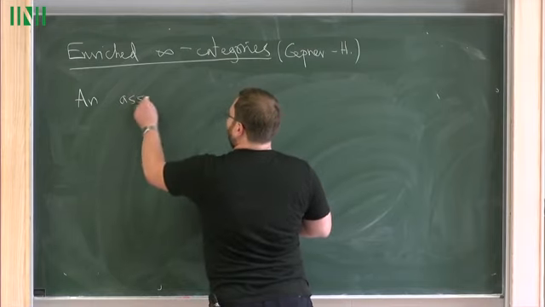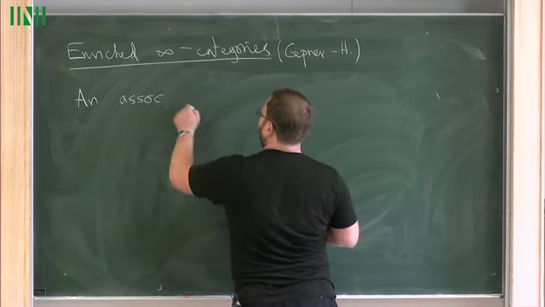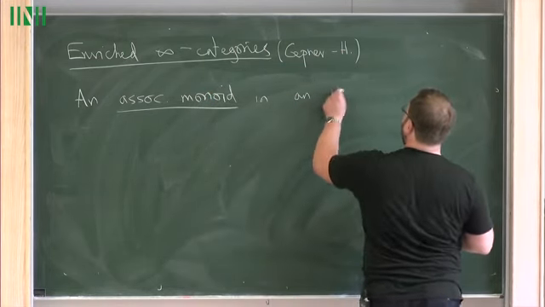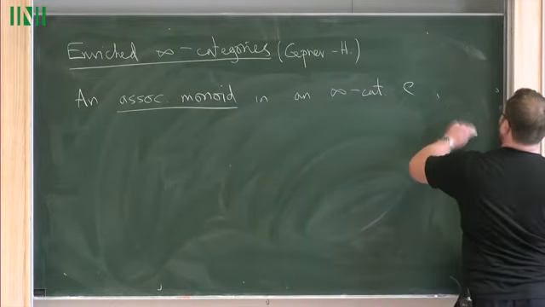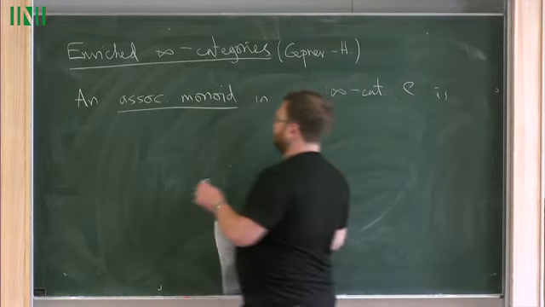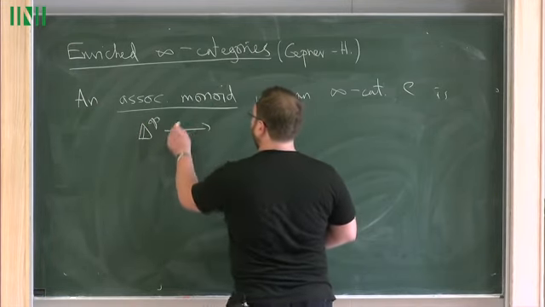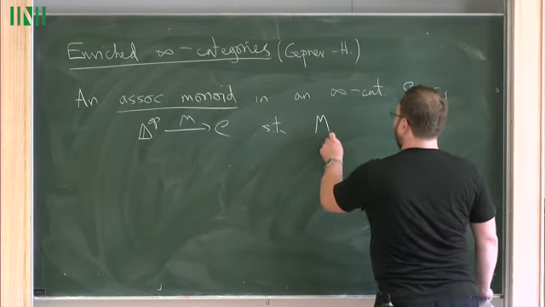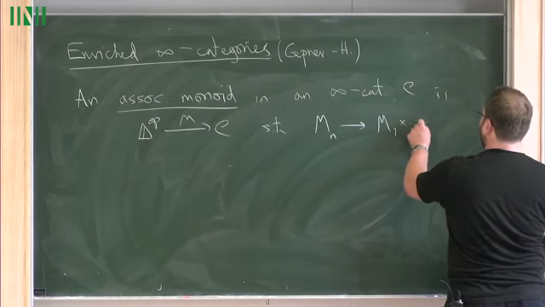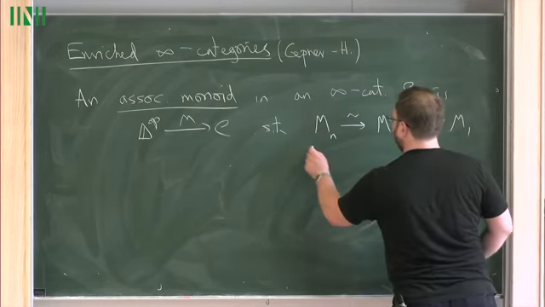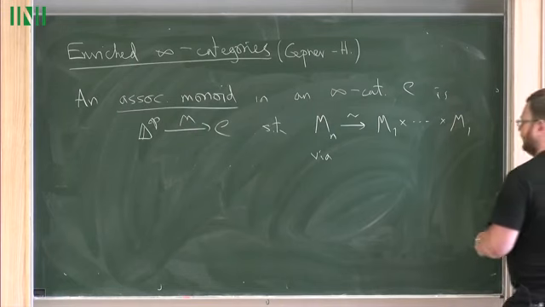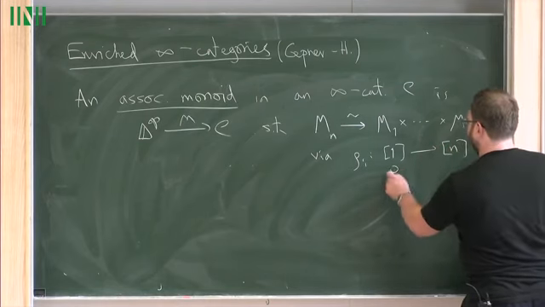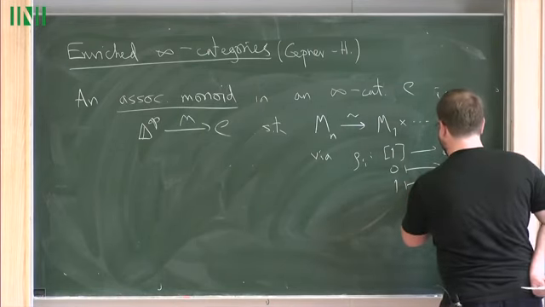Let me start by considering the following definition: an associative monoid in an infinity category C is a simplicial object, say M going from Delta up to C, such that if I look at Mn, that's equivalent to the n-fold product of copies of M1 via the maps rho i from 1 to n, which take 0 to i minus 1 and 1 to i.